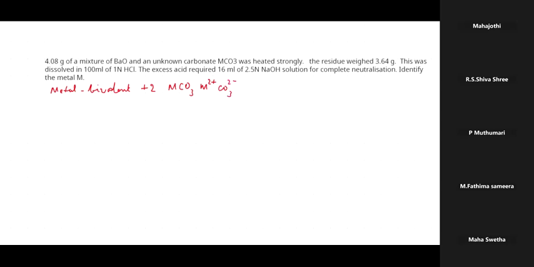Secondly, when this metal carbonate MCO3 is heated strongly, watch closely, what is formed is metal oxide and the carbon dioxide liberated.